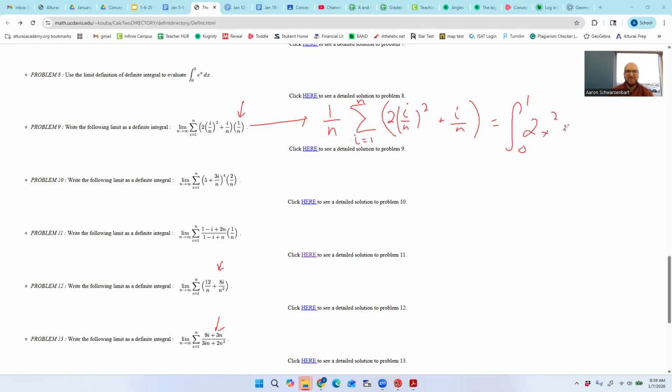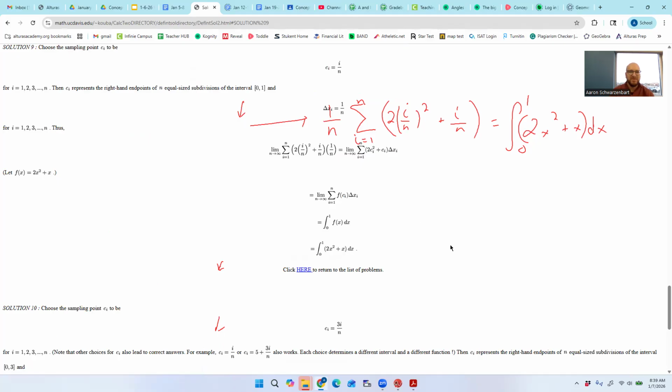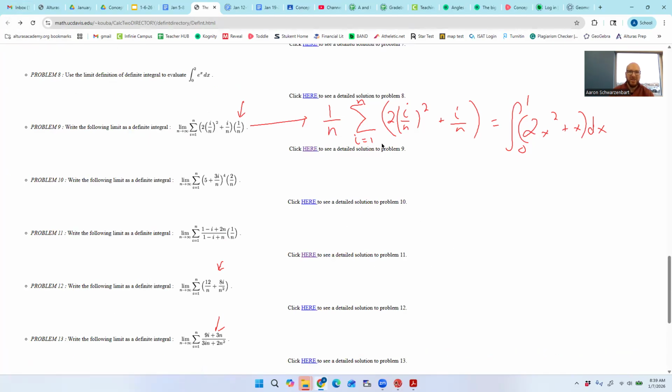Yes, that's your function. I'll say this is really easy compared to the other one. This one was way easier. Yeah, okay, I picked the bad one.